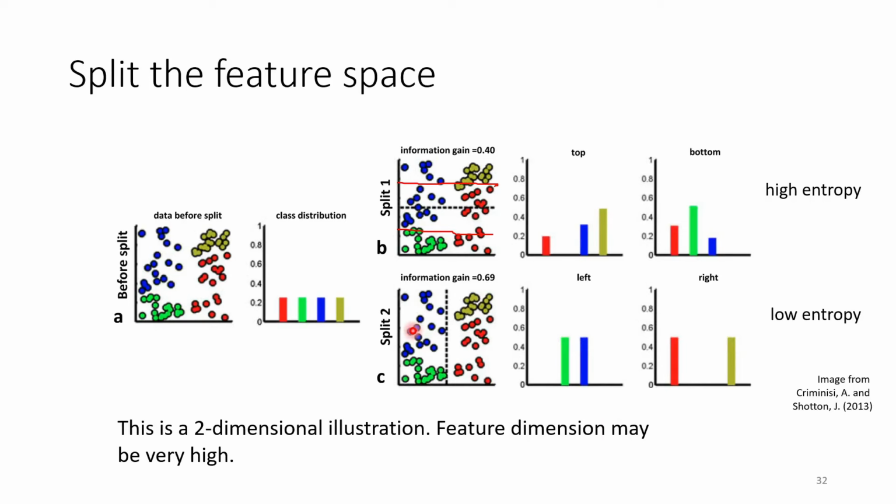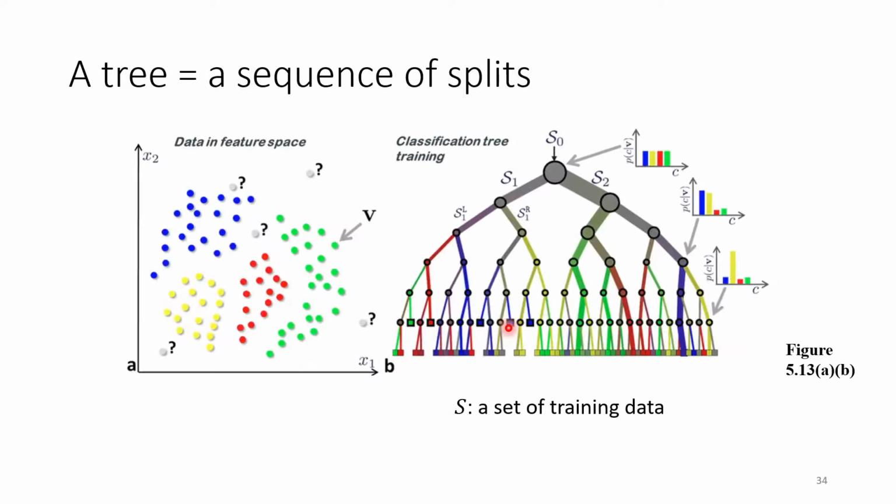Okay. So if you want to design a decision tree, you will try to look for the split which can generate a lower entropy. Right, so what is the tree? The tree is a sequence of splits.